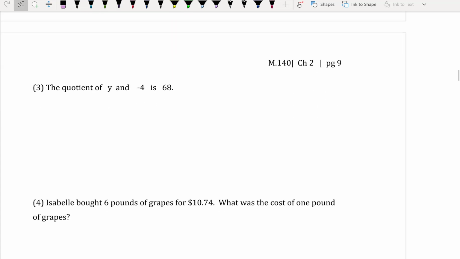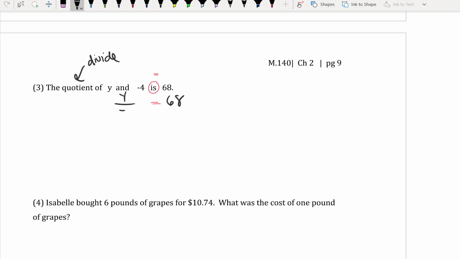And the quotient is the same as division. So the quotient of y and negative 4 is 68. So that is the equals. The quotient of y and negative 4. So I'm going to be dividing, because that's what quotient means, which is the same as a fraction.